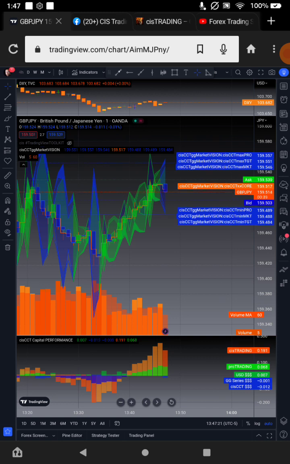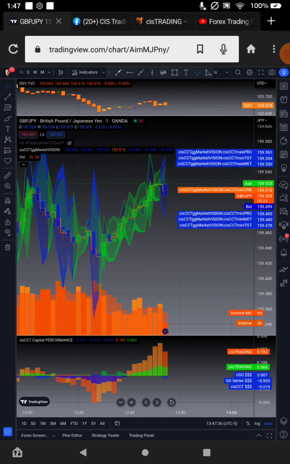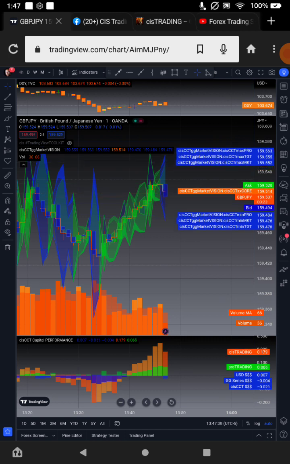Long term, this is not a bullish trade at all. There's a 127, 129 diamond on this pound yen trade, taking it significantly down. It's a trade in 2020, in 2021.